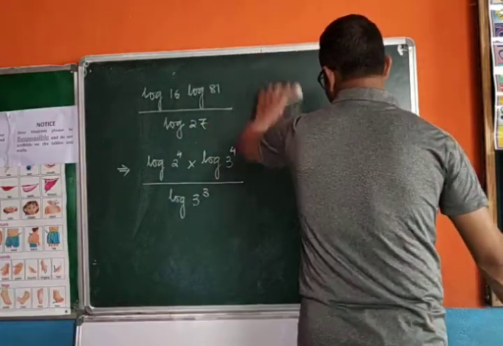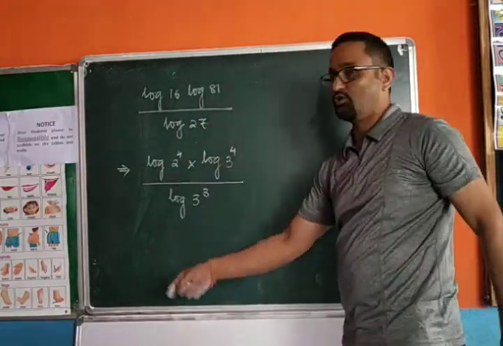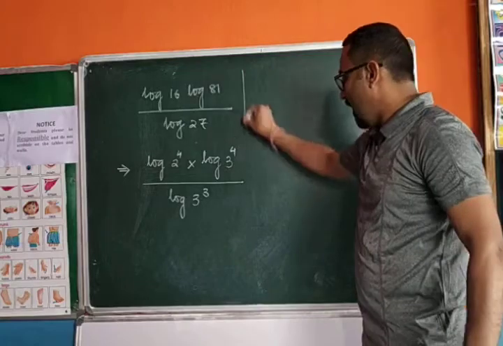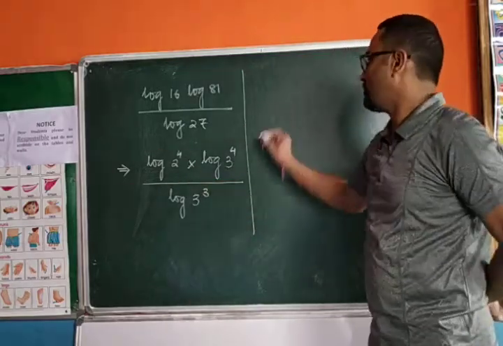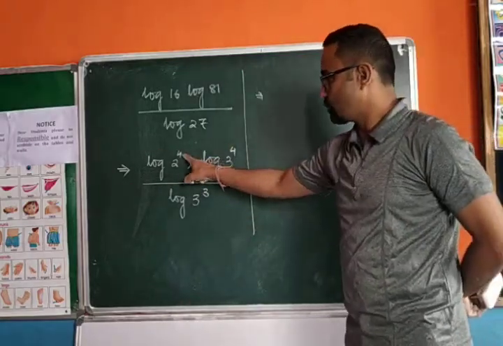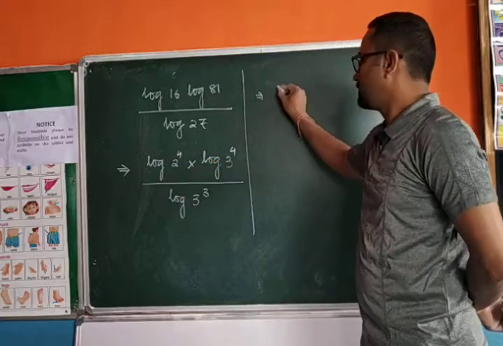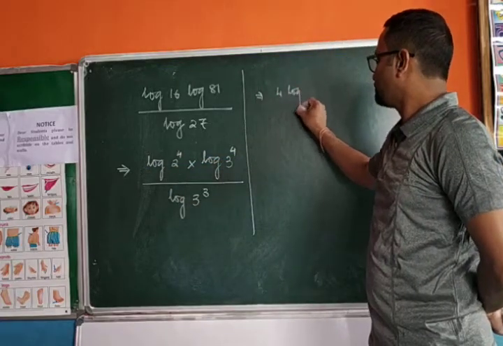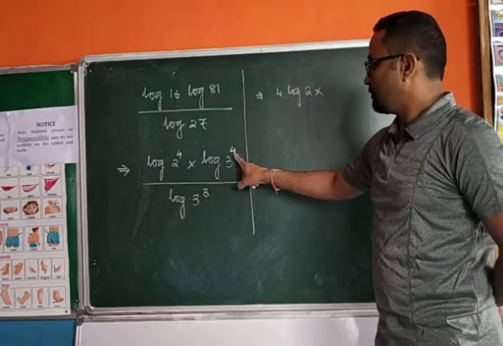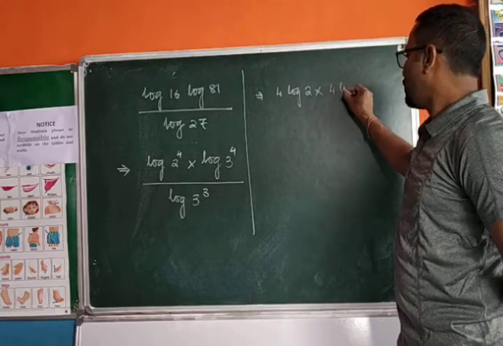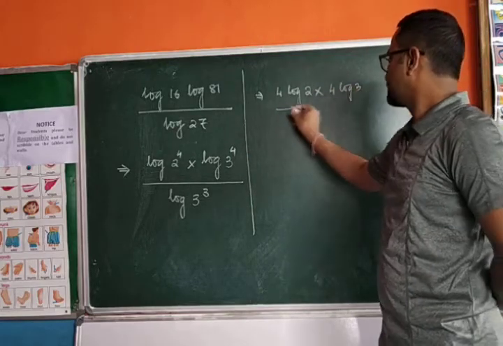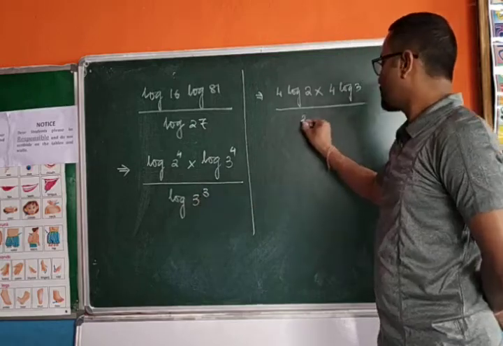And cancellation of logarithm is not allowed. After this we use power law. 4 goes in front of the logarithm. 4 log 2 times 4 log 3 over 3 log 3.